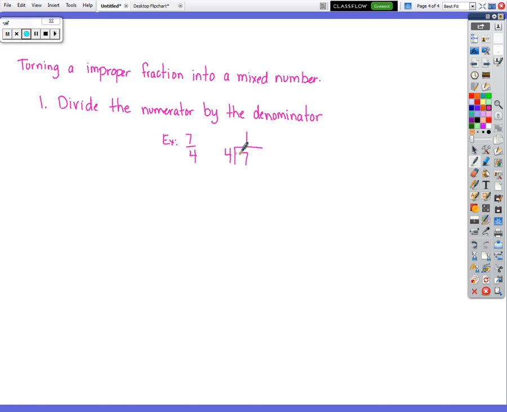Now, 4 times 1 is 4. Subtract, and I get 3. This 3 I'm going to carry up, and that's going to become my new numerator, and I'm going to put it all over my same denominator. That's my second step: put the remainder over the original denominator, which in this case is also the divisor.